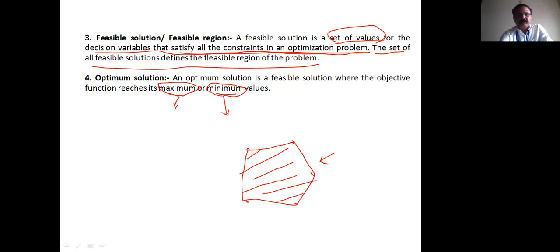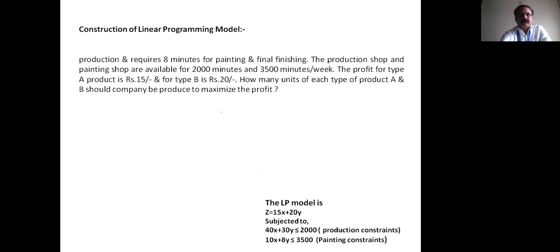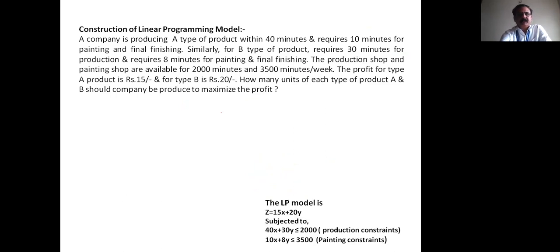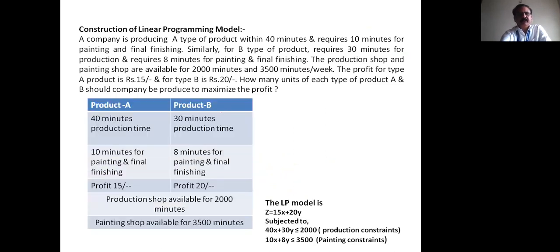The next one is the construction of a linear programming model. How is the linear programming model constructed? A theoretical statement is given, so read this statement carefully. A company is producing A type of product within 40 minutes.